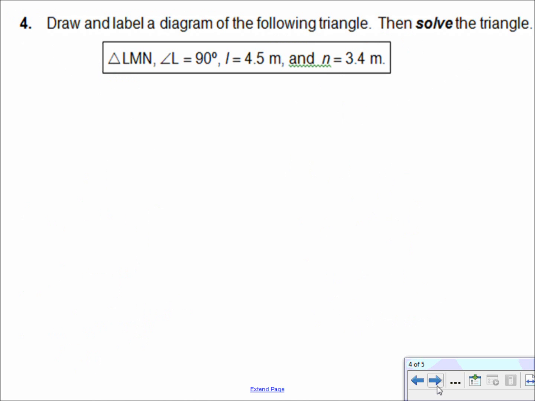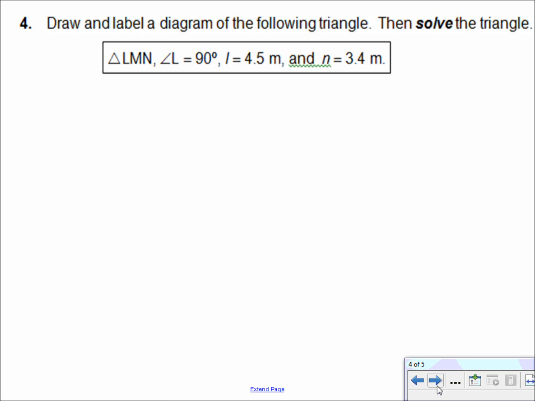Okay. Draw and label a diagram for the following angle, then solve the triangle, okay? So basically they're giving you all the information. They're saying the triangle is labeled LMN. Angle L is 90 degrees, side L is 4.5, and N is 3.4.